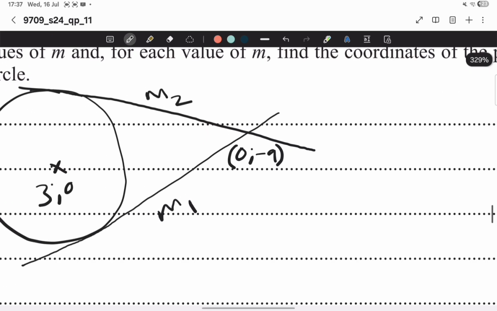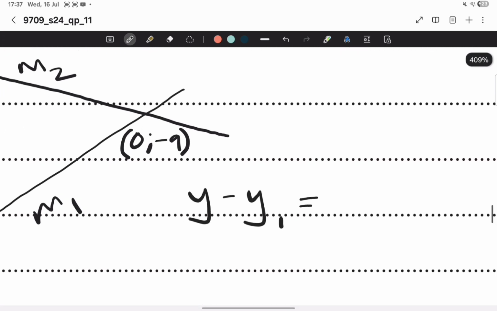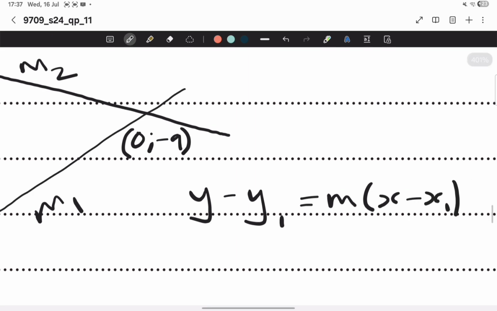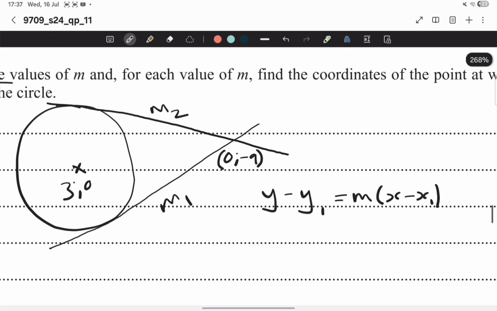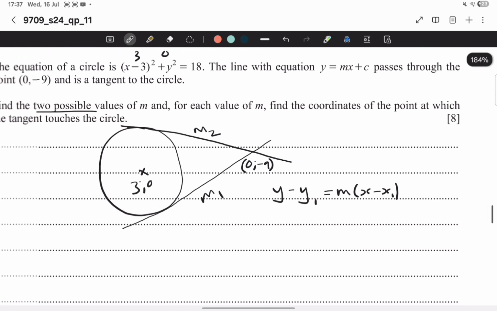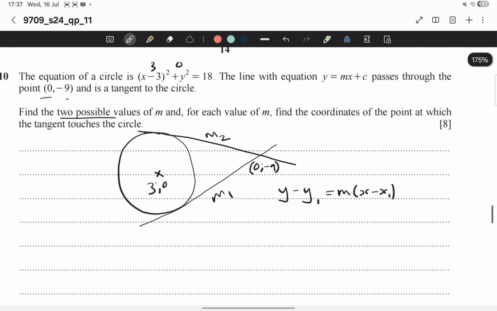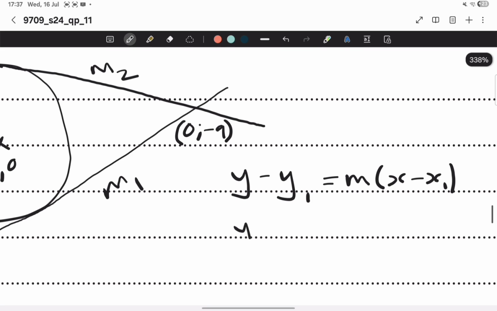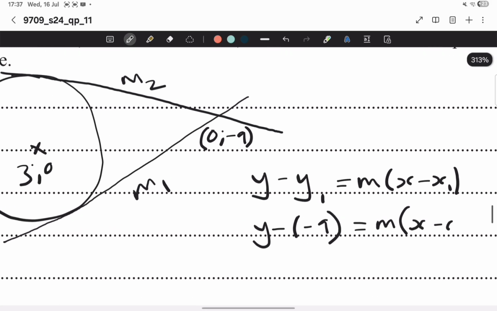So we can use y − y1 = m(x − x1), because we want to get the equation of one of these lines. Using the coordinates (0, −9), we say y − (−9) = m, which we are to find, times (x − 0).